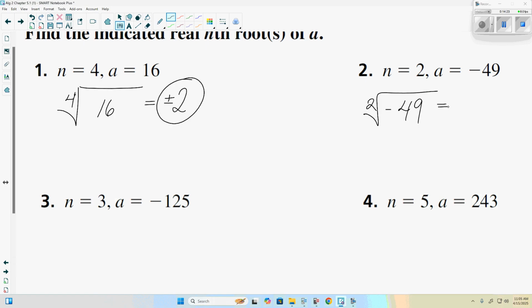Number 2. So we have an even root, yes? And the a value is what? -49. It is a negative. It's less than 0, yes? Now there are roots, but are they real? No, it would be plus or minus 7i.